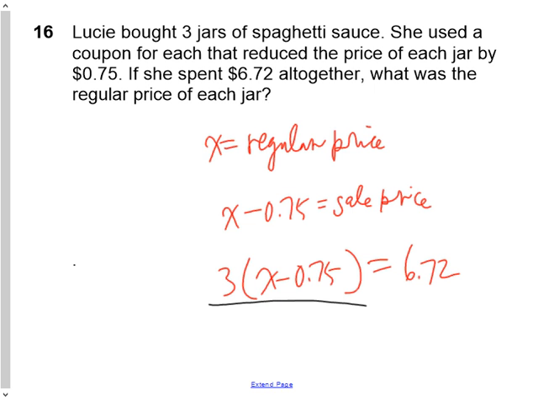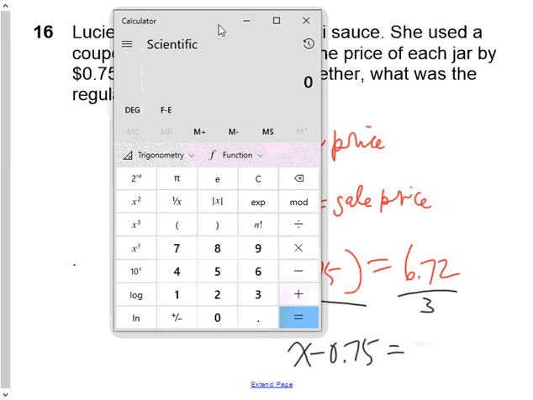If 3 jars cost $6.72, then 1 jar costs $2.30. Oh heavens, $2.34. Is that right? No, $2.20. Brain not working. $2.24.